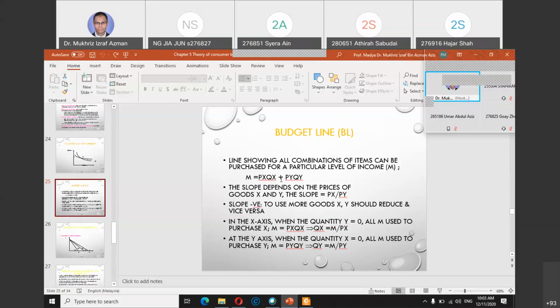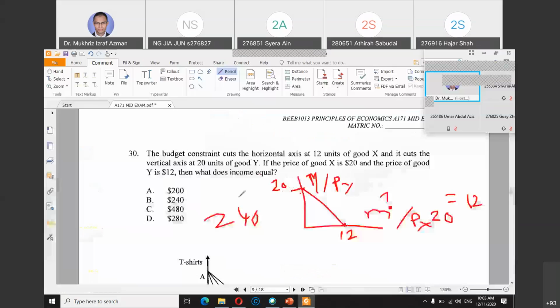But this is the total money spent. The correct way is to use M over PY, M over PX, because M is your income.